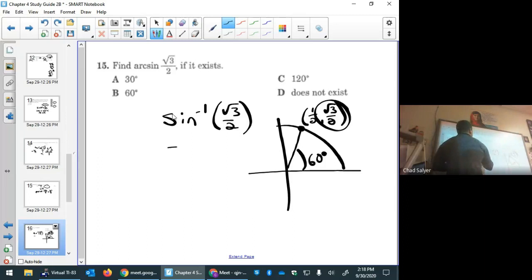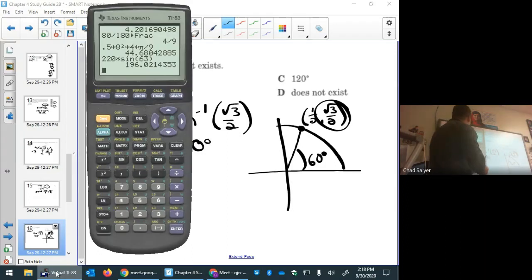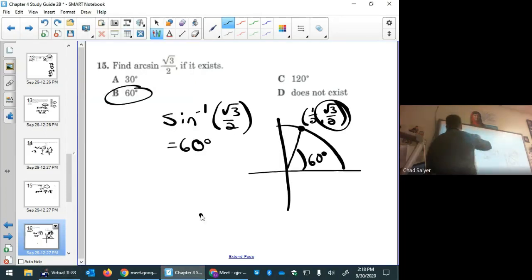So this is going to be 60 degrees. You could also do it in your calculator like so. I'm in degree mode, so that's where I need to be. If you're not in the right mode, you're going to get a weird answer. And if you're in degree mode when you try to graph, your graph's going to look weird. All right, so that's 15.